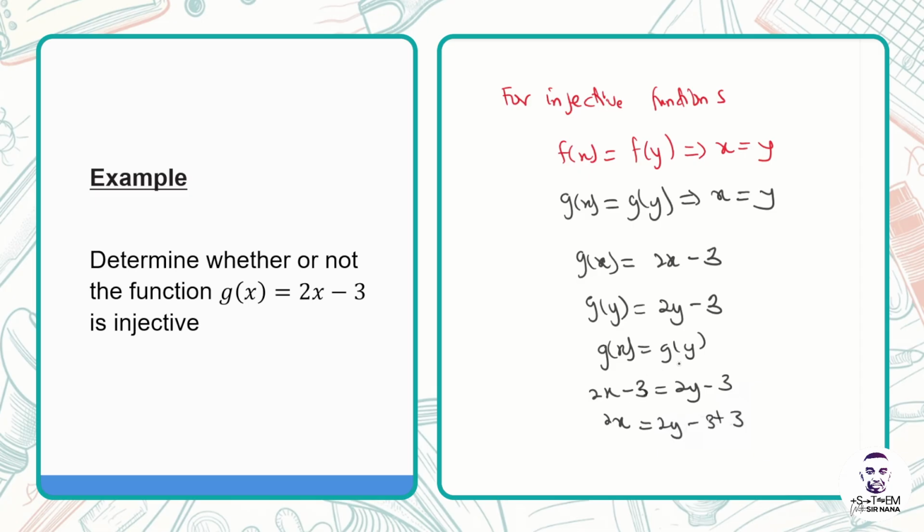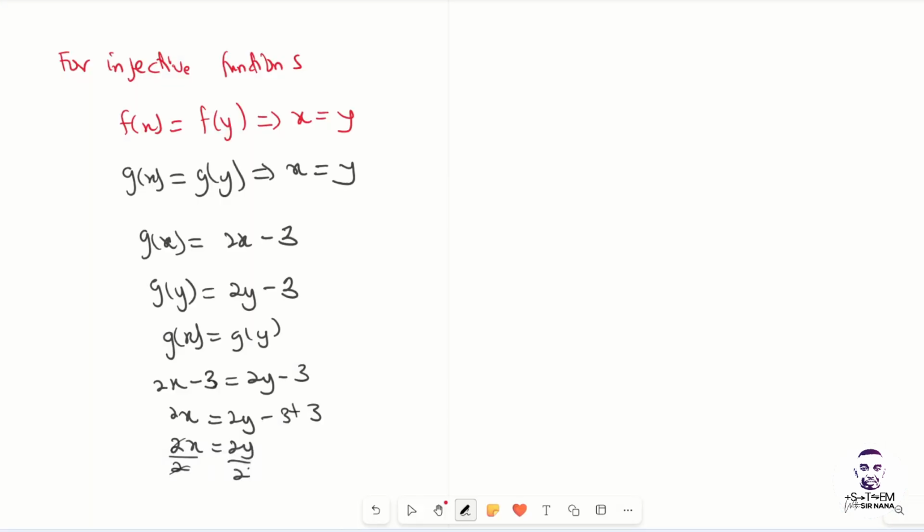We move the negative 3 across the equal sign. And that implies that we get 2x equal to 2y. And we can divide both sides by 2, right? So that we can have x equal to y. So in this case, we can conclude that since x is equal to y, the function g of x is injective.